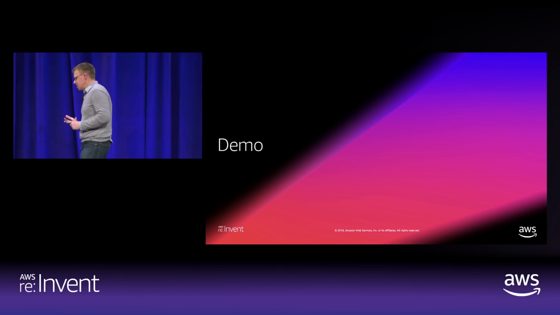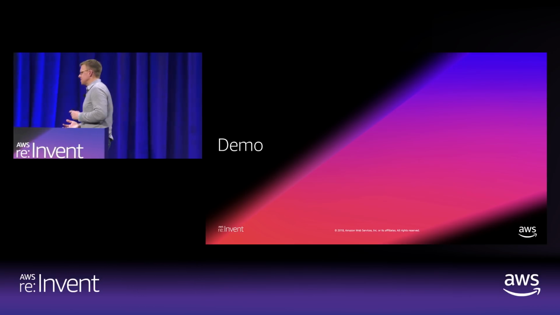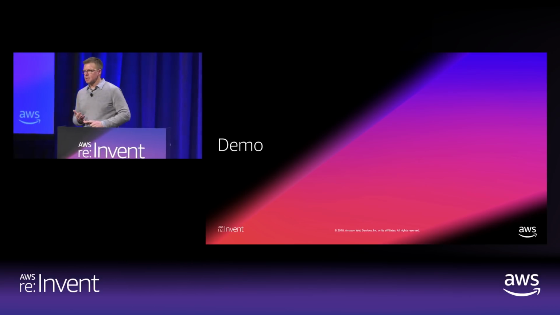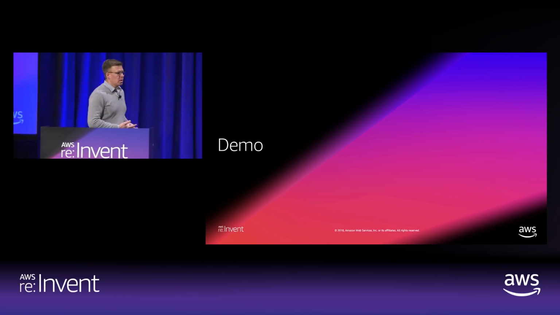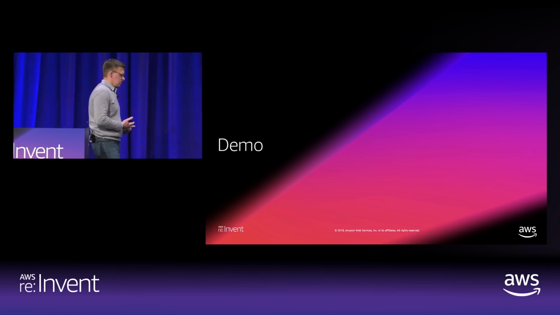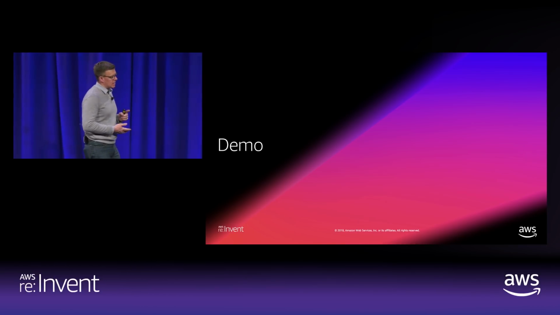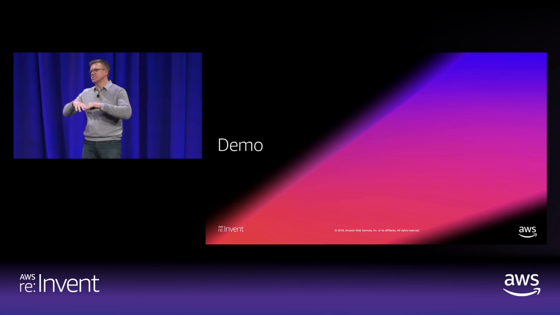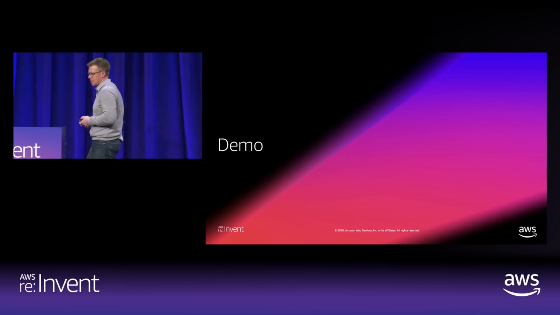Xilinx tools come with a simulator. The AMI is on AWS Marketplace, and it's free. So it's a free simulator. It simulates Verilog and SystemVerilog. And we are going to show how you can scale up using this AMI and run simulations on AWS.